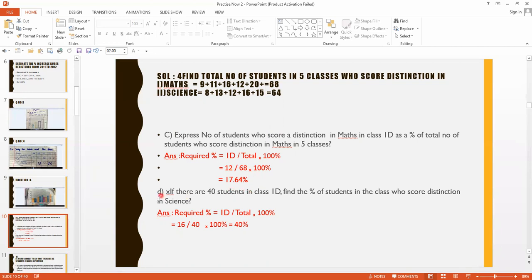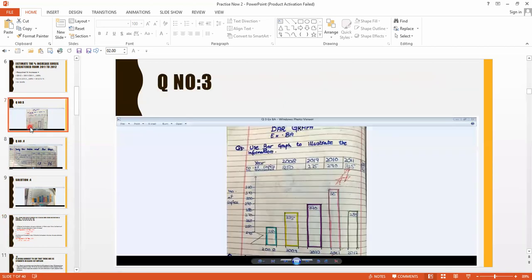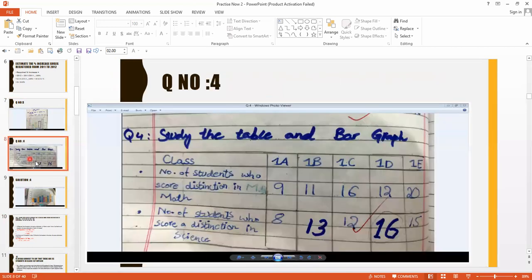Clear? Now, the second part, they are saying, if there are 40 students in class 1D, total number of students in 1D is 40. So find the percentage of students in the class who scored distinction in science. Look here at the table. In 1D, how many total students are there who got distinction in science? 16. In 1D total students who got distinction are 16.